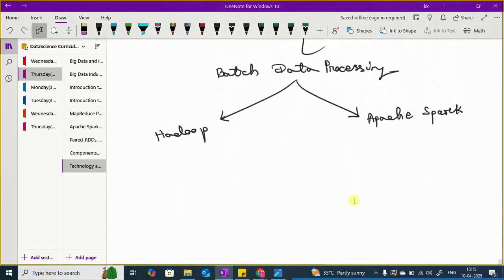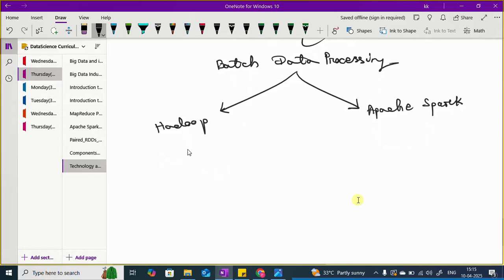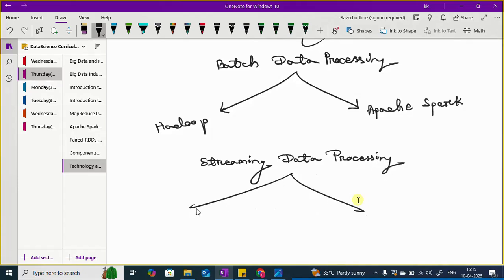Similarly, coming to streaming data processing, either we can use, obviously, Apache Spark, no doubt, Apache Spark, and here we can use Flink, Apache Flink. Why am I writing Apache and Apache?